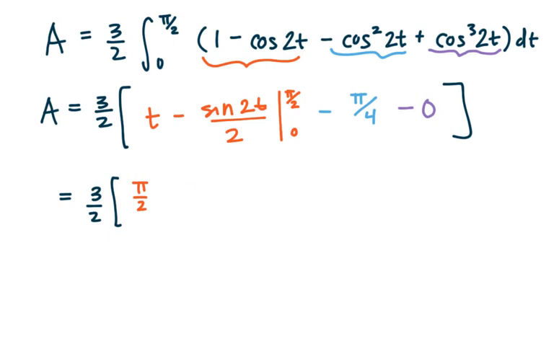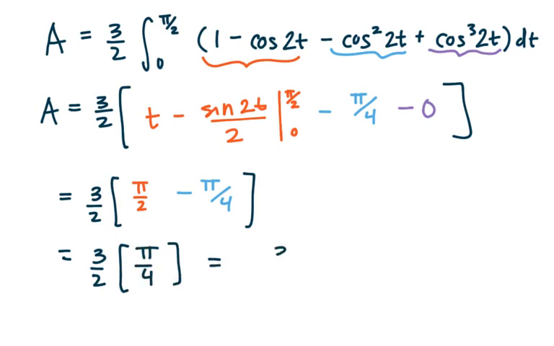I've got pi over 2 minus pi over 4. And then again, I don't need to write minus 0. Pi over 2 minus pi over 4 is positive pi over 4. So I end up with 3 pi over 8.